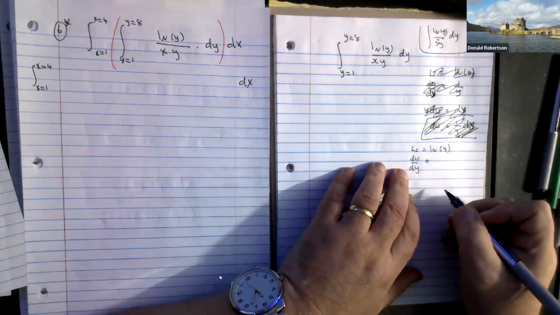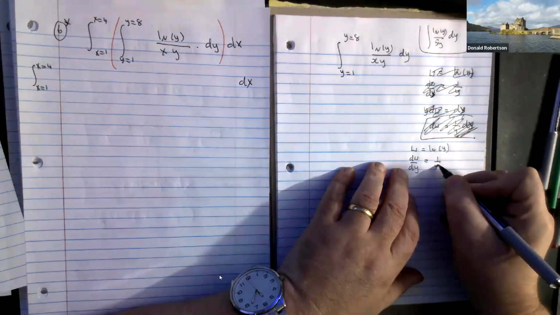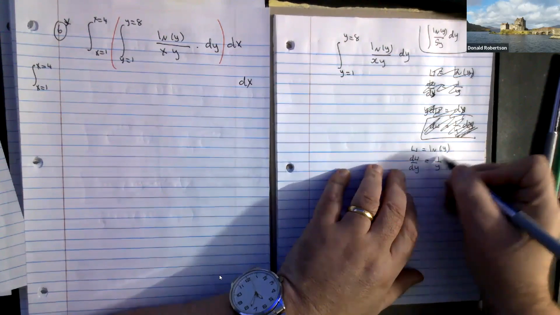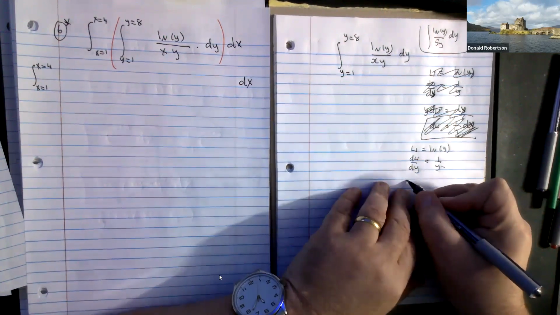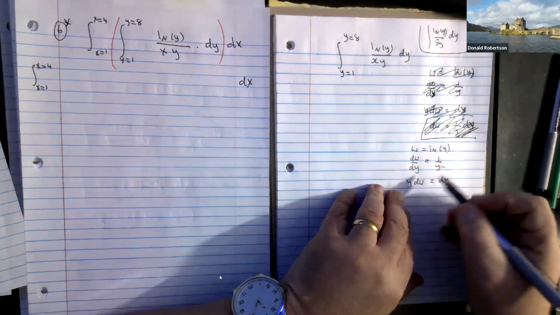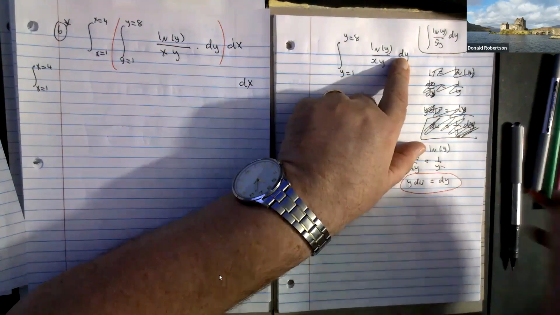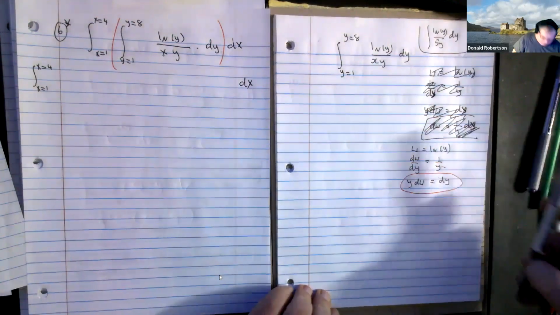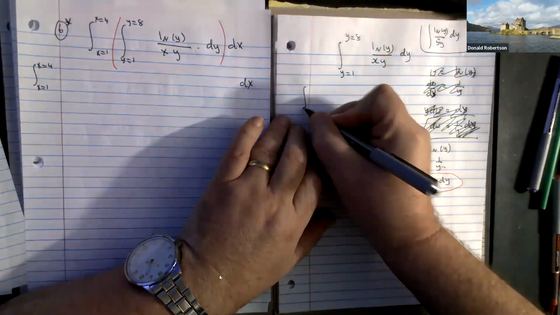So differentiate with respect to y, and you get that. You separate it into its differentials, and you get y du equals dy. At this point, that's what I want. I want dy, so I can stop there. So the integral is going to look like this.